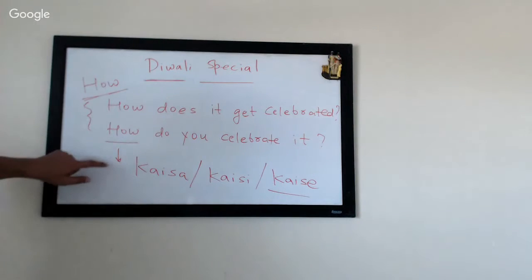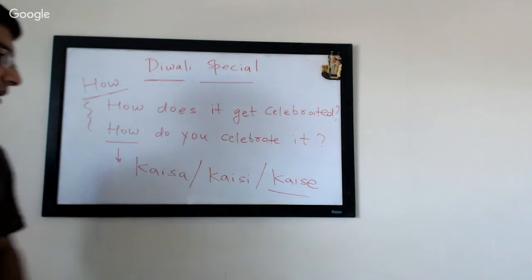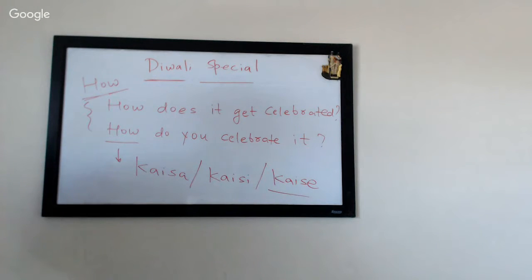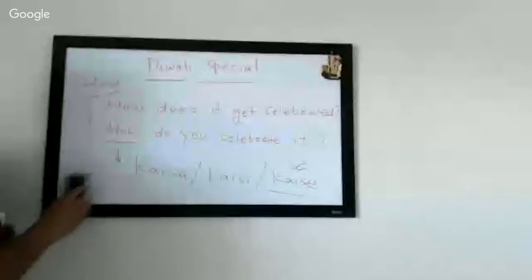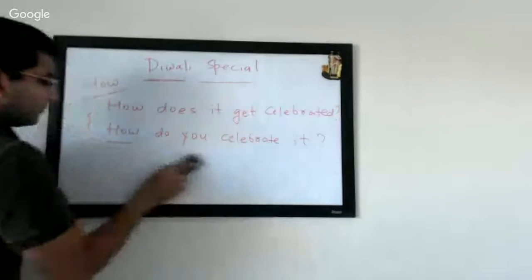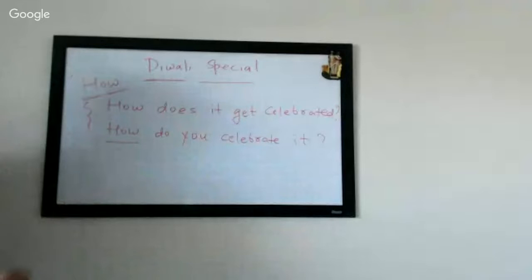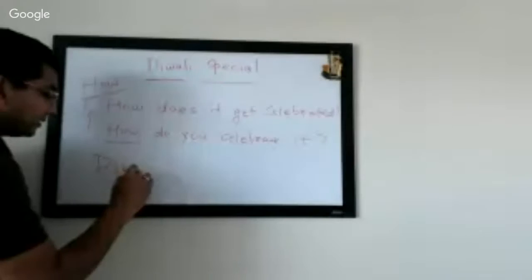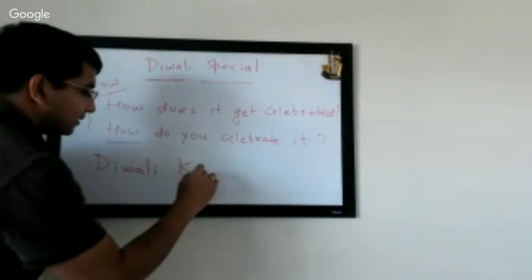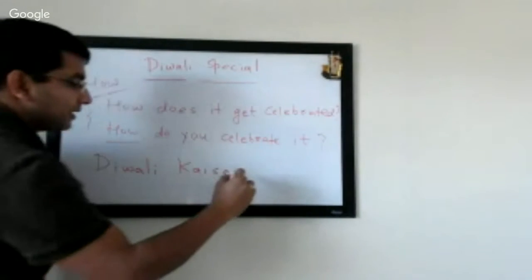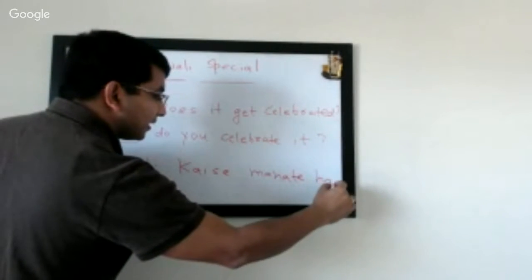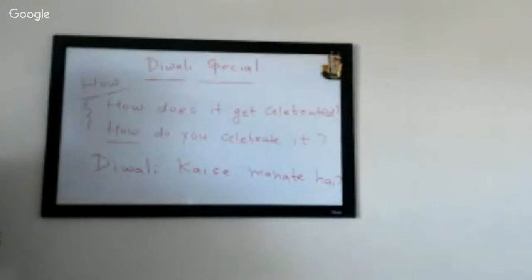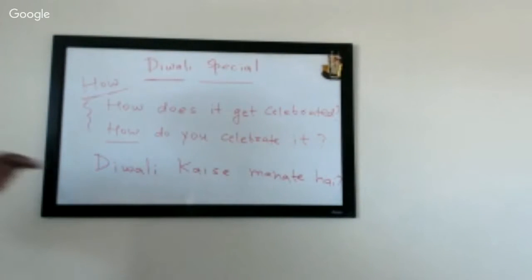For any kind of masculine plural, it's कैसे, right? So in this case, you will be using कैसे. So you'll be saying दिवाली कैसे मनाते हैं? I kept it very simple.